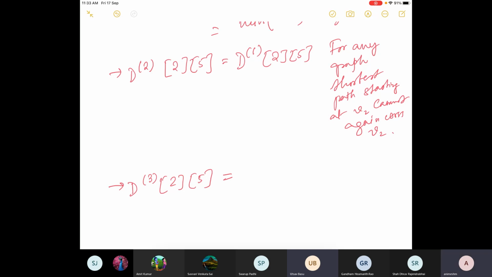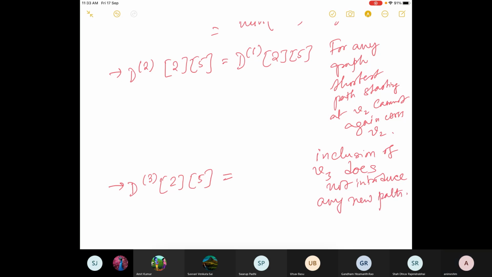So V3 does not introduce any new path, right? Inclusion of V3 does not introduce any new path. So therefore, this is the same. Now next.